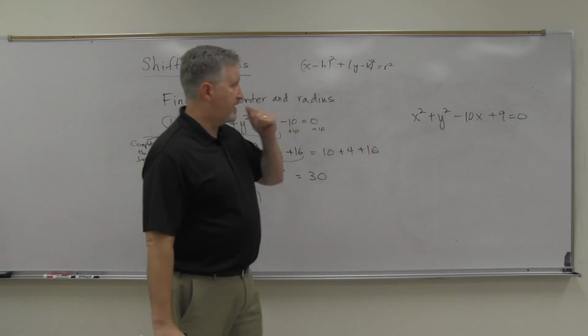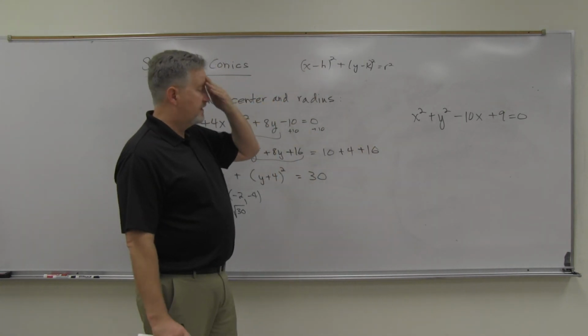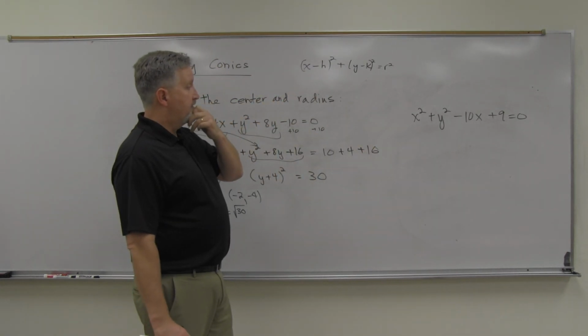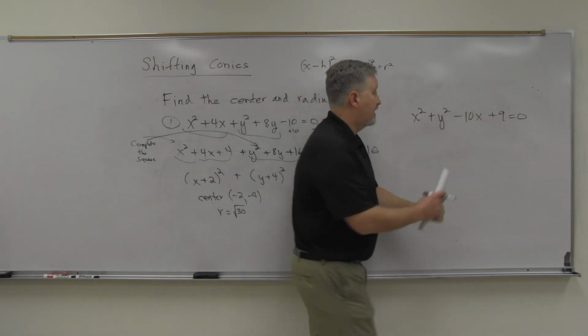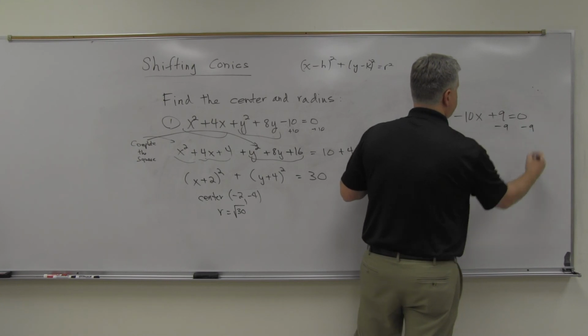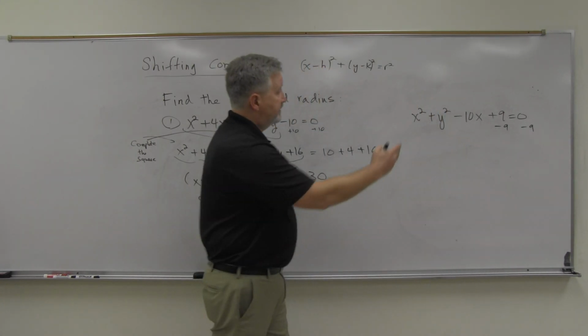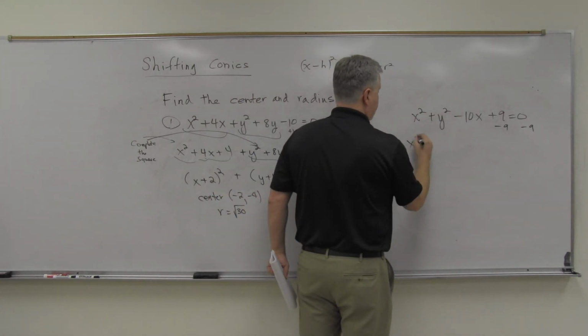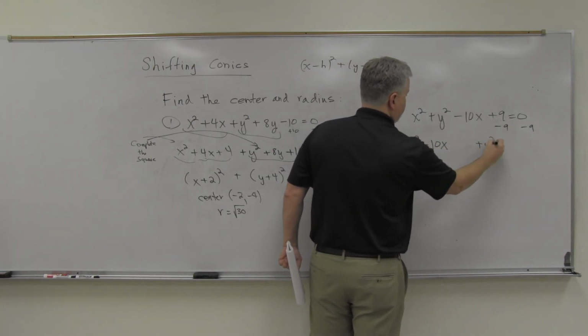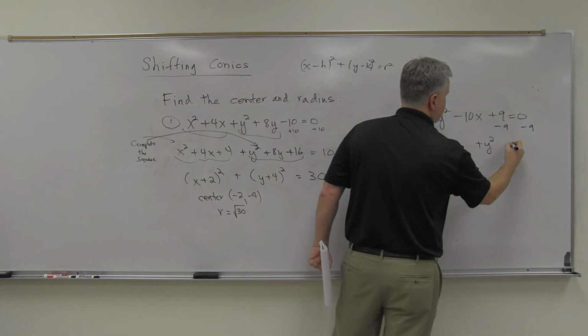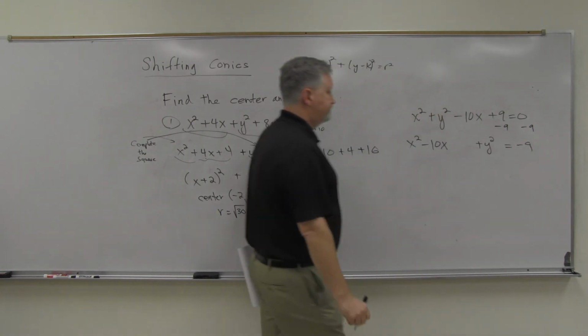So let's complete the square to get into this format here. So what would I do on that one? Move the 9, all right, so I'm going to subtract the 9 from both sides. Do a little bit of rearranging here. I need the x's together, so I'll make it x squared minus 10x, leave a little space there, plus the y squared equals -9.